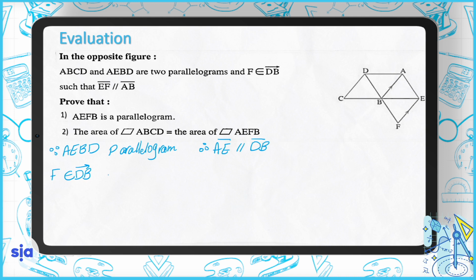Therefore BF is parallel to AE. So we can also say that AB, as given, is parallel to EF. Therefore, AEFB is a parallelogram.